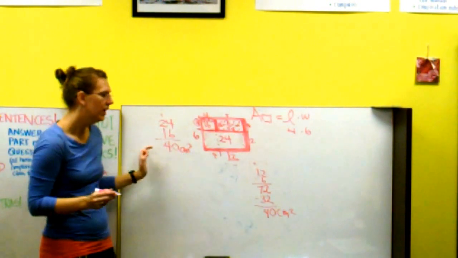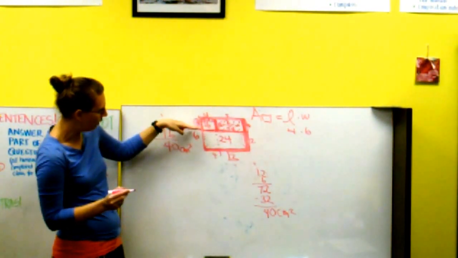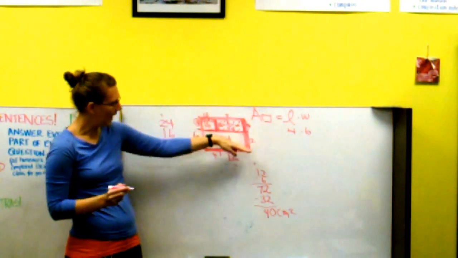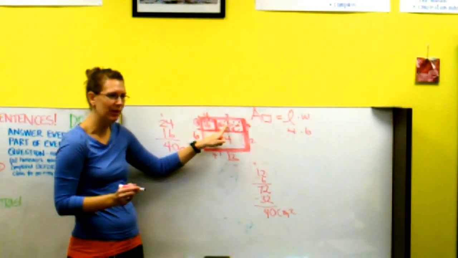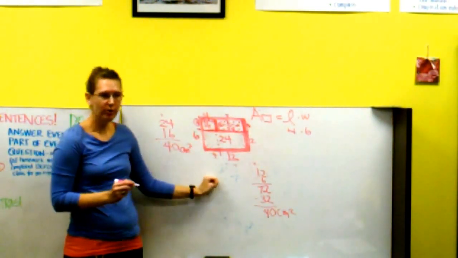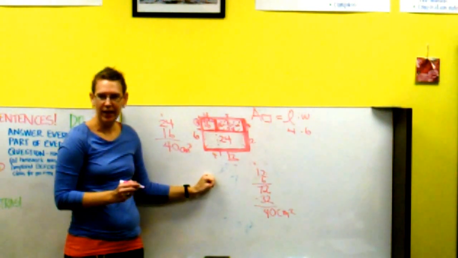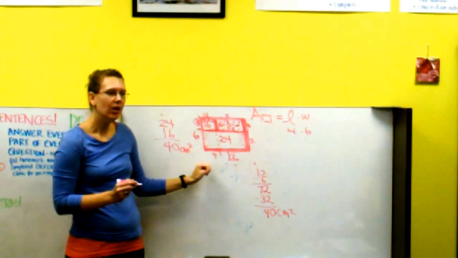Both ways, you can split the rectangle down like Jarvis did. You can split the rectangle across like Jamaica did, or we can take away the area, and we'll just give Destiny's name to that one since we have 3 of you, okay? So there are 3 different ways. They are all correct in how we find the area of a rectangle, okay? Whichever one you feel more comfortable with, go with it.